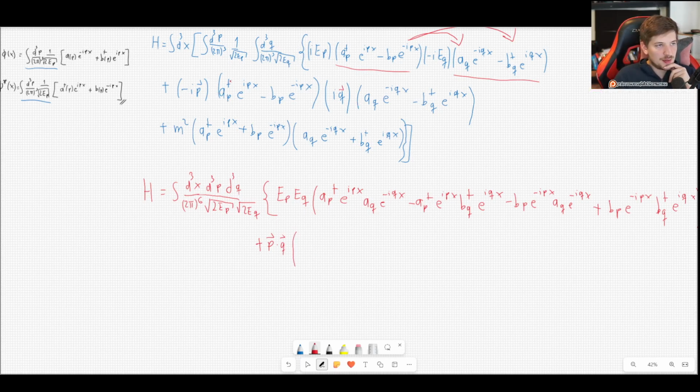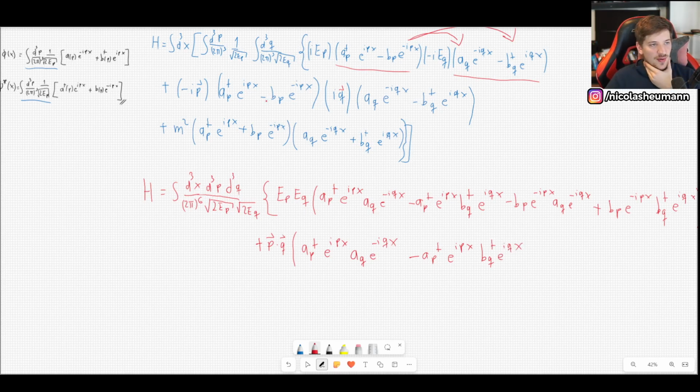So we have a_p dagger e^{ipx} and a_q e^{-iqx}, and then we have minus a_p dagger e^{ipx} b_q dagger e^{iqx}.